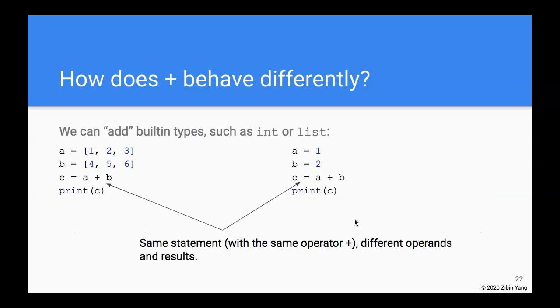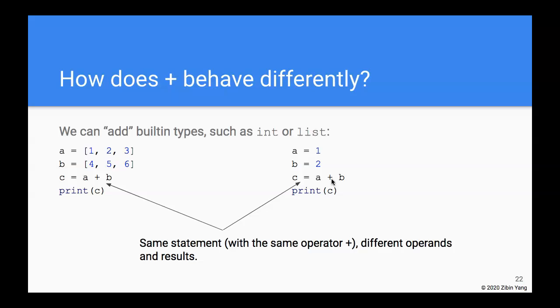So speaking of the plus sign, let's see how it works for two built-in types that we know very well. First is a list. I have two lists of numbers here. I can concatenate or add the two lists together, and we'll get one list. And the same thing goes for if the two operands to the plus sign are integers.